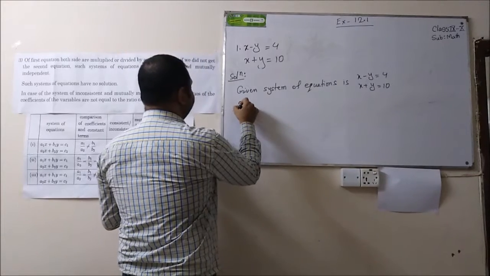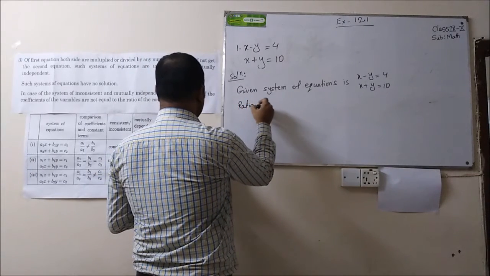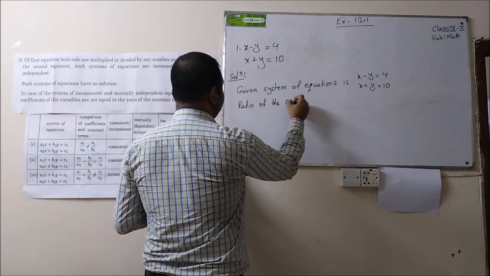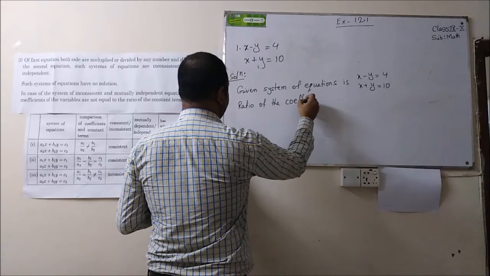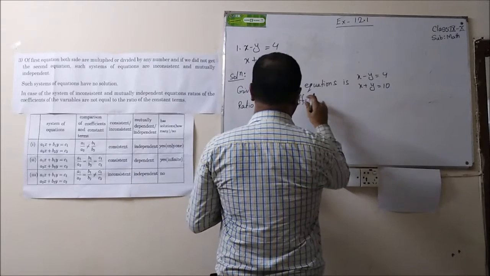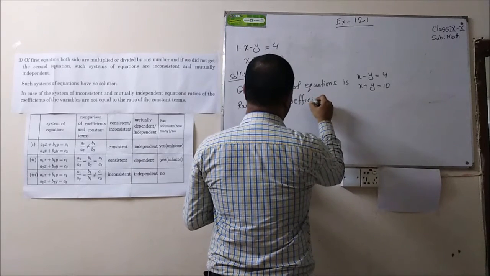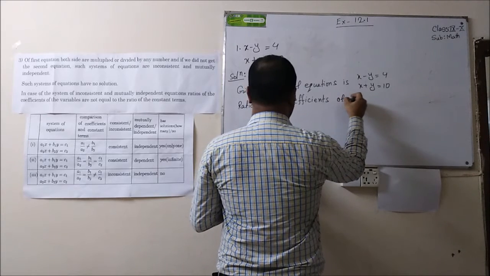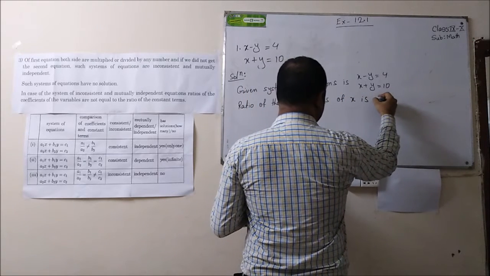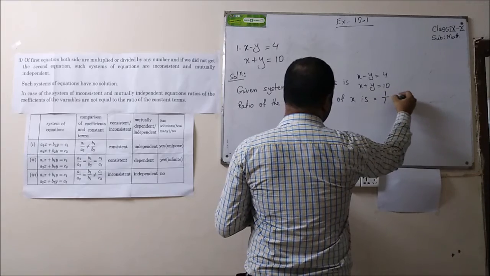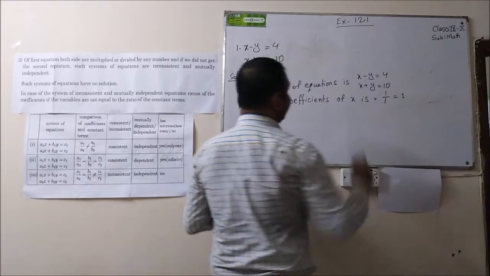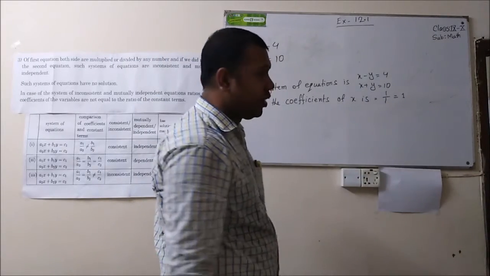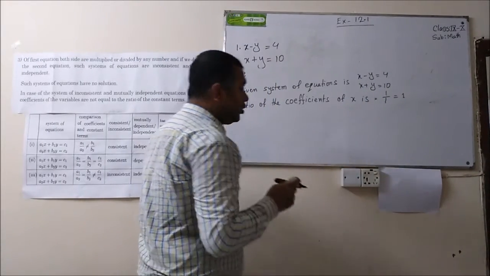So the ratio of the coefficient of x is 1 by 1, that equals 1. The coefficient of x is 1, and in the second equation the coefficient is also 1 here. So that equals 1 by 1 equals 1.